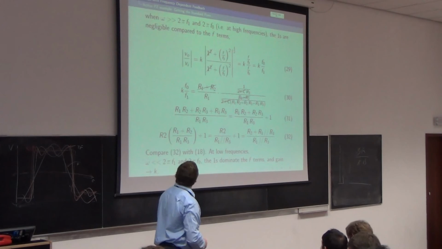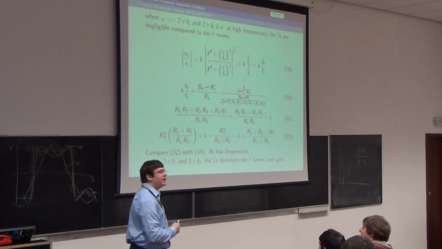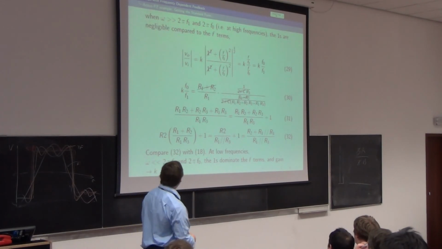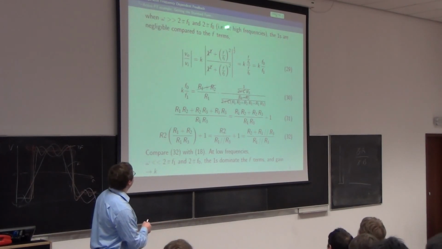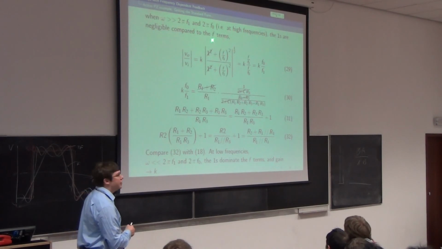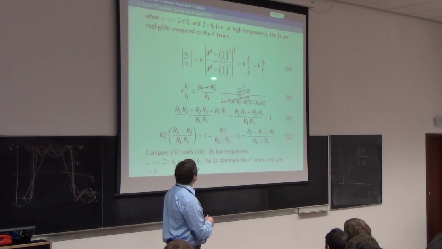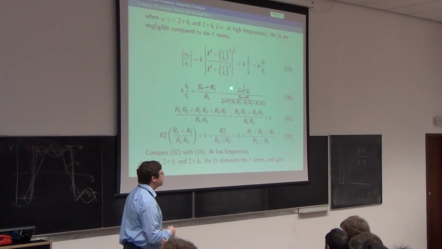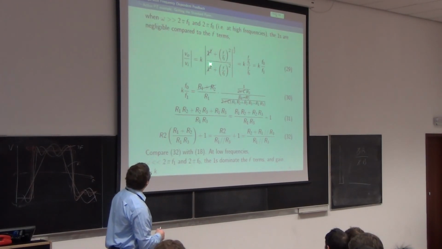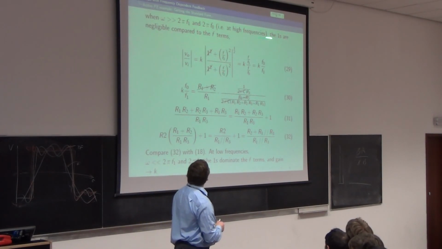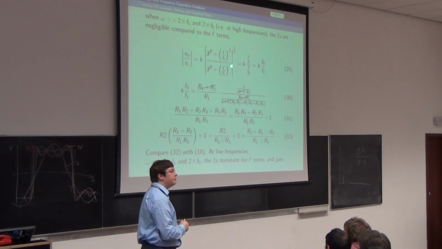I'm nearly done. So what happens when f goes to infinity? Can you cancel stuff out and see? Well, if I take the magnitude of the transfer function, I will square everything, square the top and the bottom, and then root it. And that will give me a situation where at high frequencies, the ones don't count because f is getting really big.